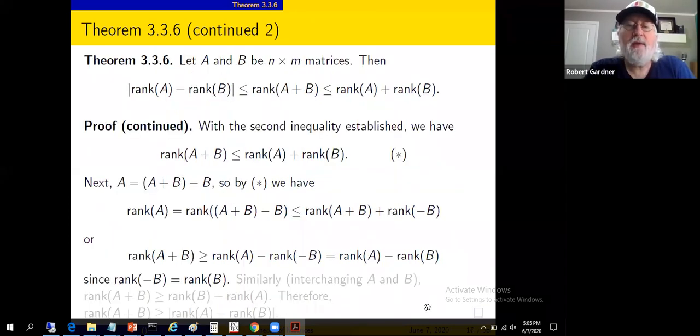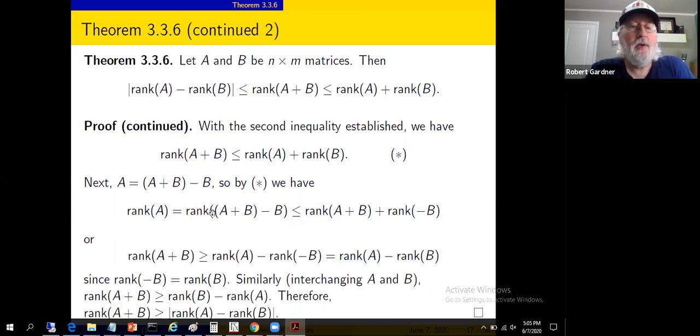Asterisk, let's rewrite that. Okay, so we were trying to show the rank of A plus B is less than or equal to the rank of A plus the rank of B. We got that part. And then this other part, well, that's easily established from this.